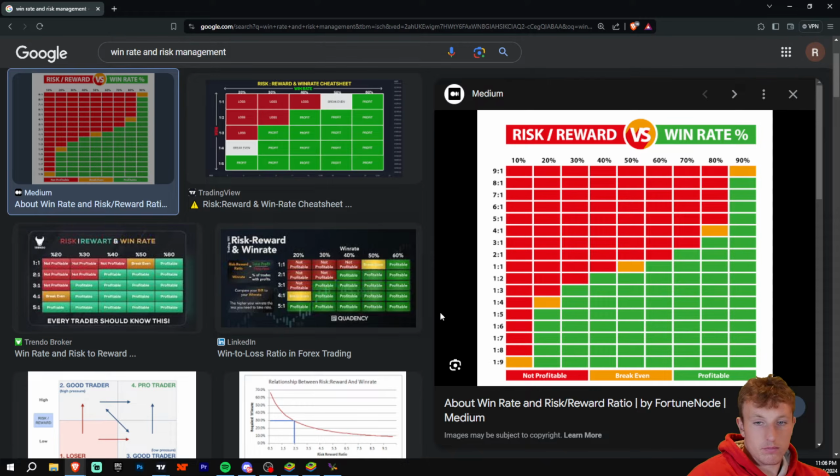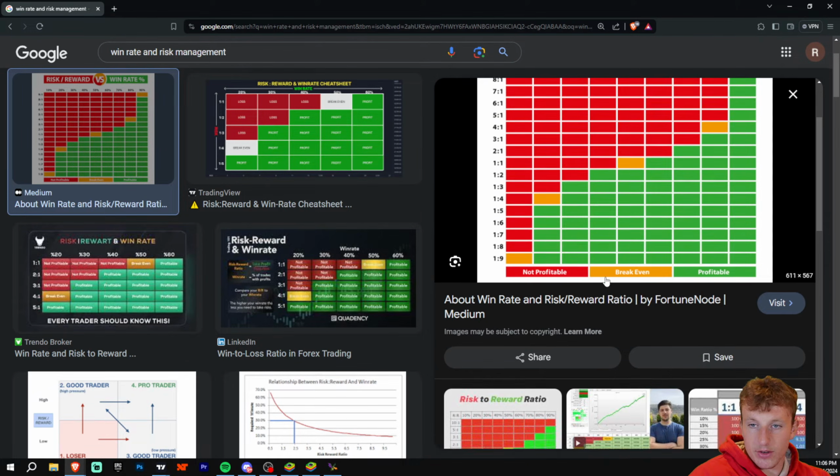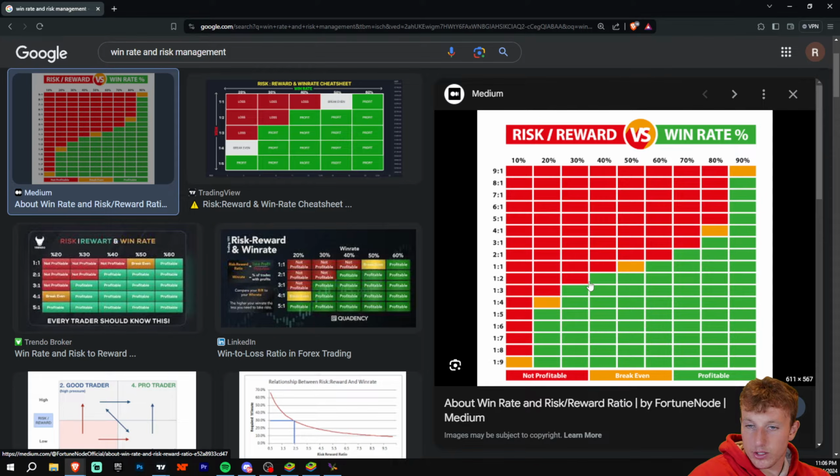Here's why. If you're going for 2-to-1R trades, you only need a 40% win rate, which, by the way, the technical term, it's actually a 33% win rate to break even, but it doesn't show that here. You need a 34% or higher win rate to not be red or to be profitable. All right. Now, why is that important?